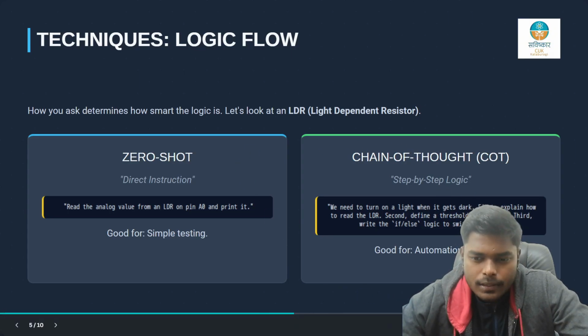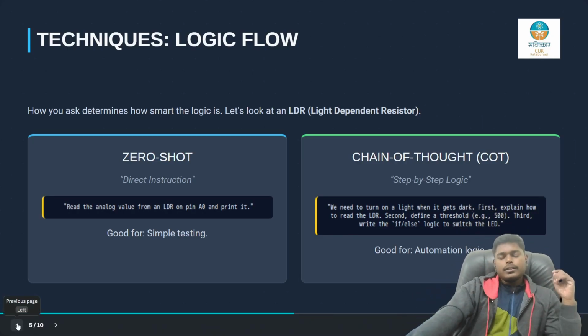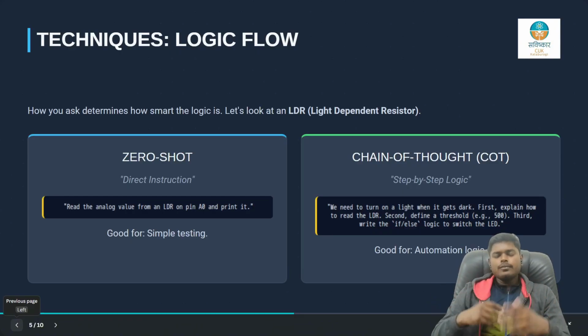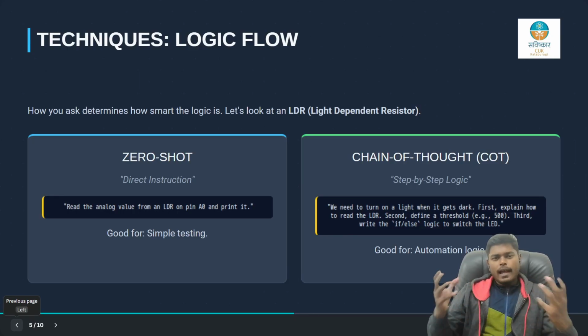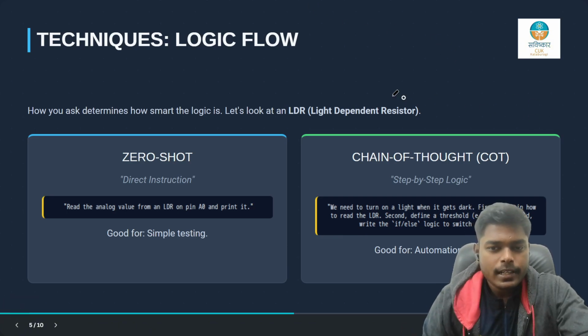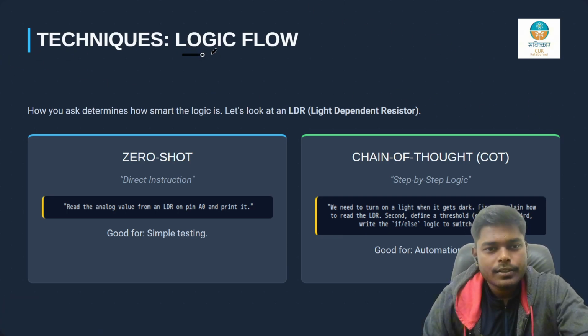Next we have two other methods of prompting, and I want you to first know about these methods and then we will apply them, so that we can have a better understanding of these concepts. The next technique is logic flow.